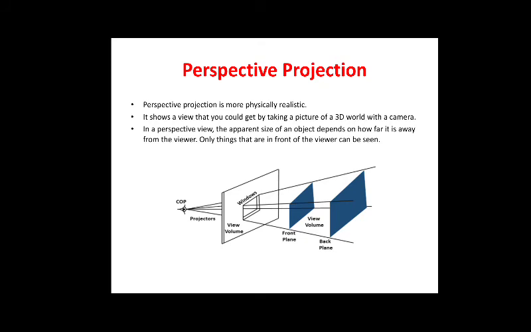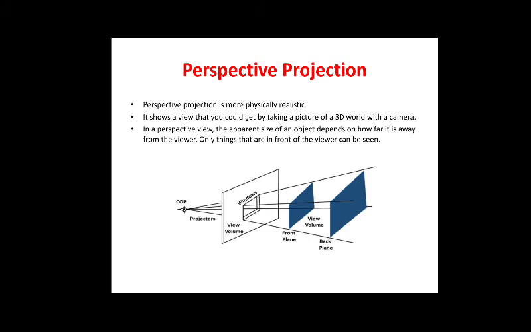It shows the view that you would get by taking a picture of the 3D world with a camera. What we use with a camera is called a perspective projection. In this, the apparent size of an object depends on how far it is from the viewer. Only things in front of the viewer can be seen. The front parts of the object are seen by the viewer, while the back parts are not visible.